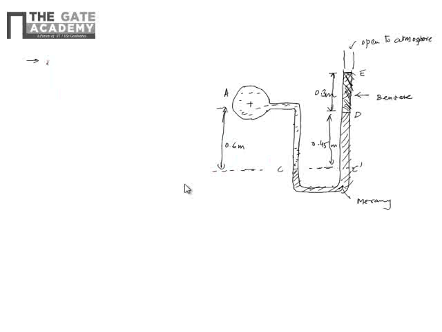So what is given is that mercury has specific gravity 13.6, and benzene has specific gravity 0.88.